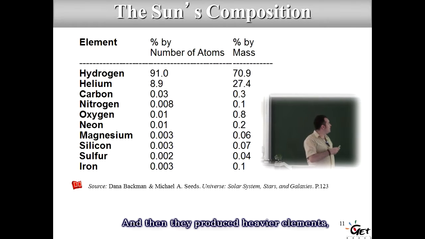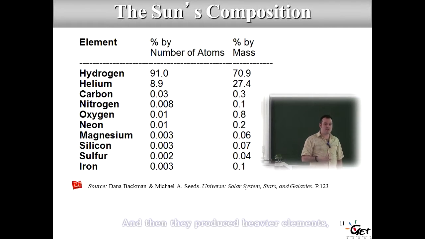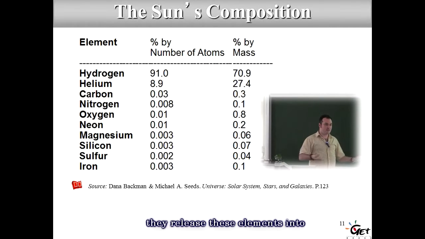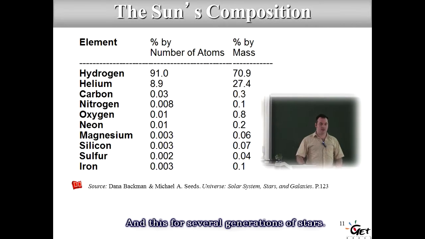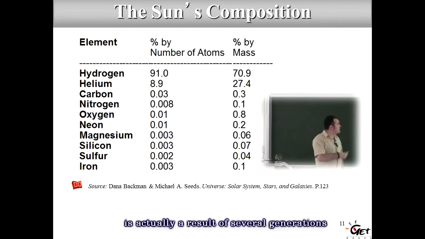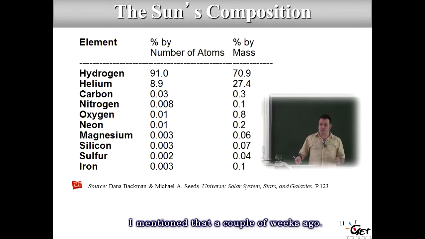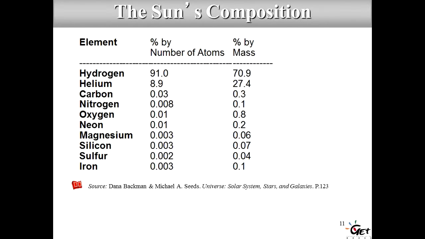Then they produced heavier elements, they exploded, and they released these elements into the interstellar medium, which is recycled to form new stars, and this for several generations of stars. Our sun is actually the result of several generations of stars before it. I mentioned that a couple of weeks ago, and we'll see that in detail in two weeks.